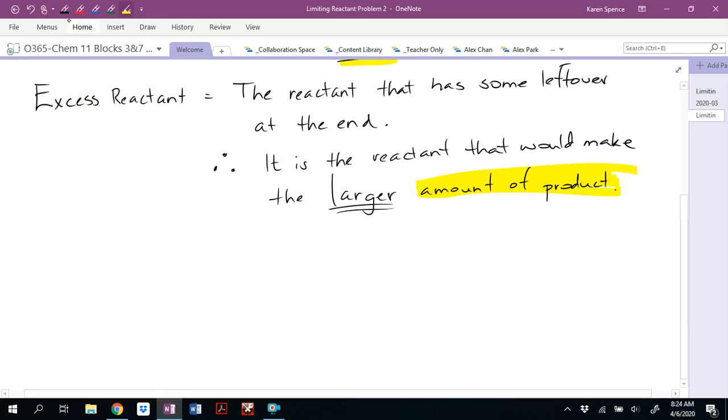So let's again do an example. In this case, we are looking at a synthesis reaction. We're going to take sodium and chlorine. Remember, chlorine is one of our diatomics, so it has to be Cl2. And that's going to form sodium chloride.